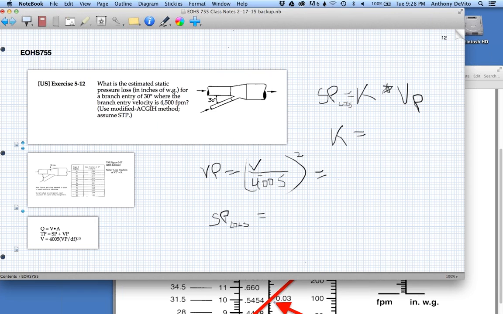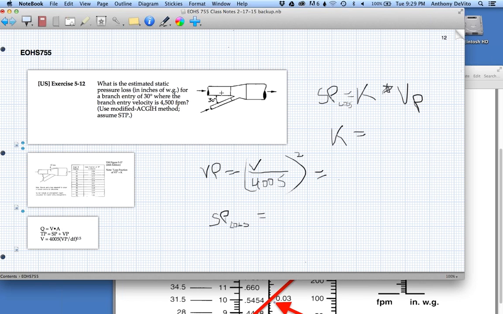Okay, so now just to end the night, we're going to take a look at another thing that can go on here: we can have a single duct and a single fan supplying several hoods. So another kind of transition that has a loss of static pressure is called a branch.